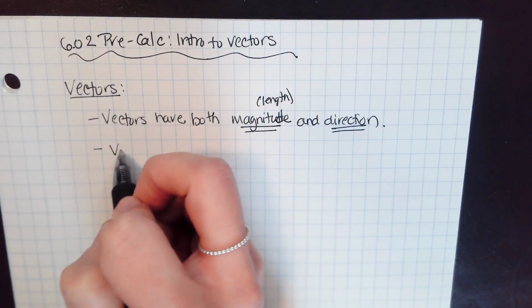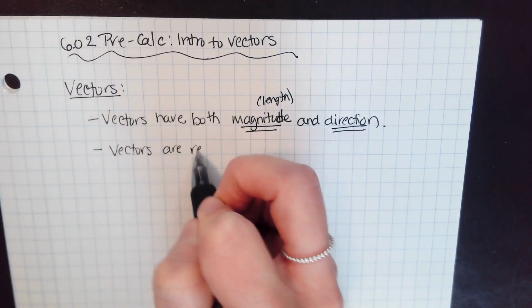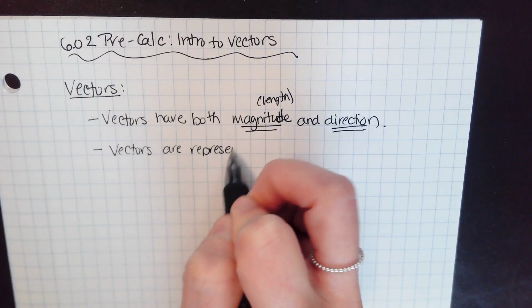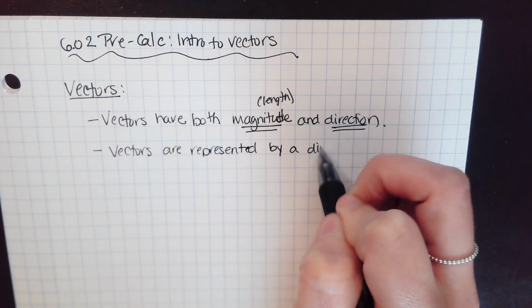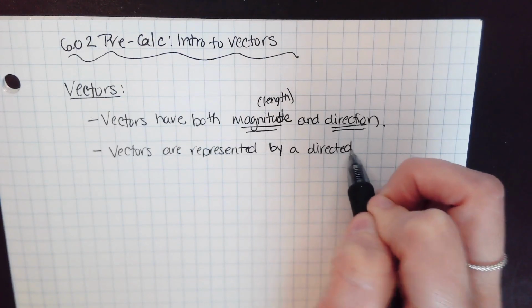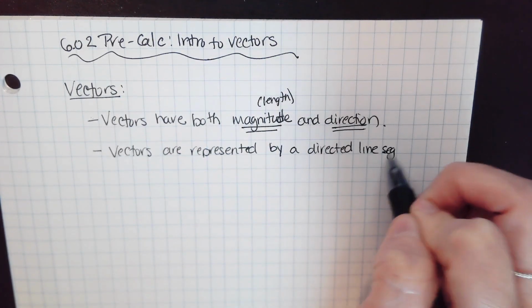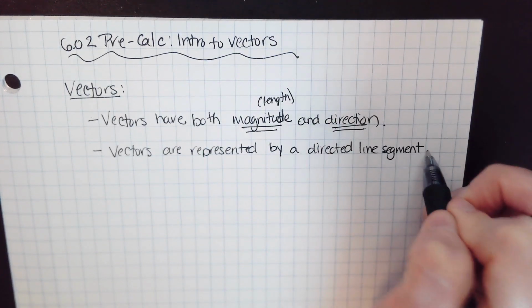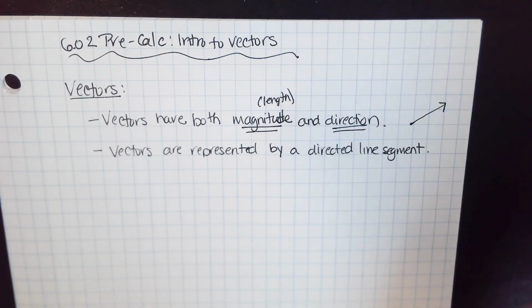Okay, vectors are represented by a directed line segment. And again, that's because they're going in a specific direction. So you see them, it looks like a ray.